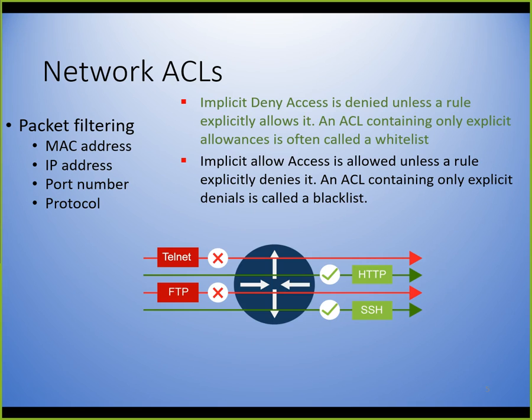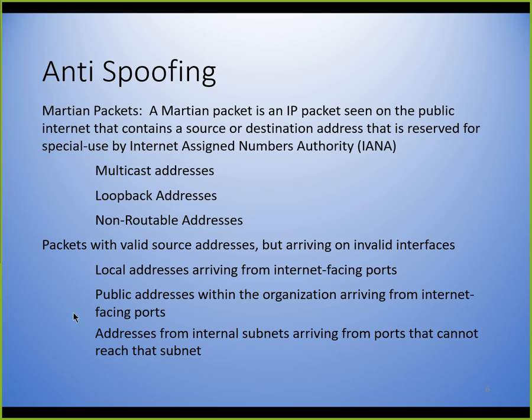So what this one is showing is Telnet's not permitted, HTTP is, FTP is not, and SSH is. So some things can be permitted, some things can be denied. It goes down the list one statement at a time until it finds something that applies, does it, and then doesn't look any further down the list.